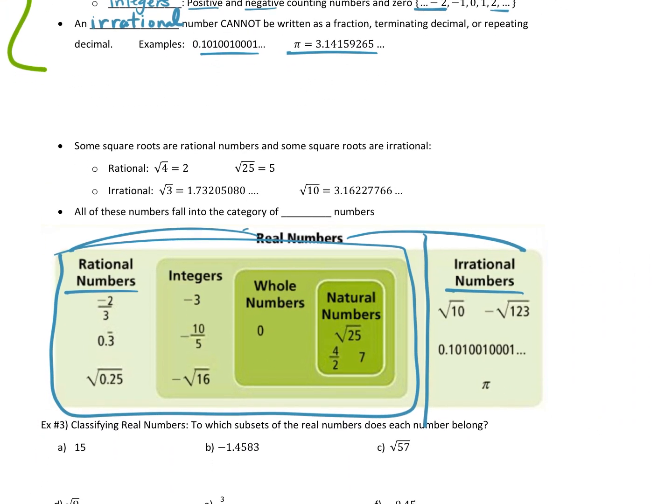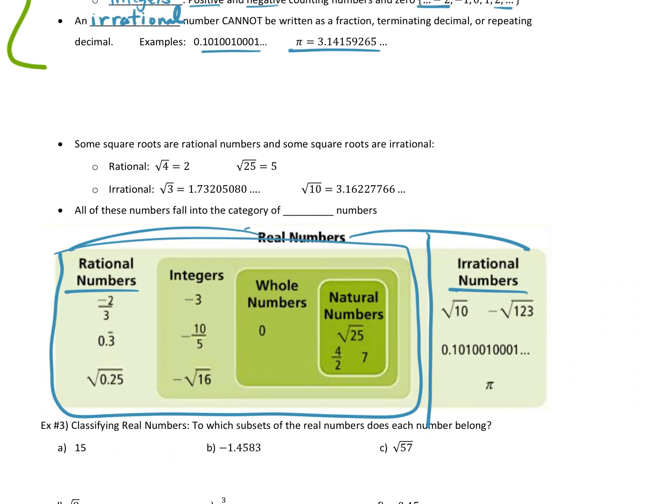It says some square roots are rational numbers, and some square roots are irrational numbers. That seems odd, but think about what it means. The square root of 4 is better written as what number? 2. That is a rational number. So even though it doesn't look like it because you see the radical, it is, okay? The square root of 25 is 5. That is rational.